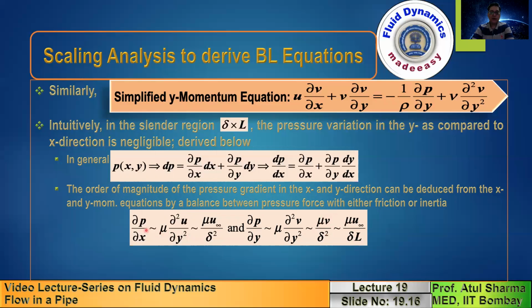So from this, you have obtained the order of magnitude of del p by del x and del p by del y.